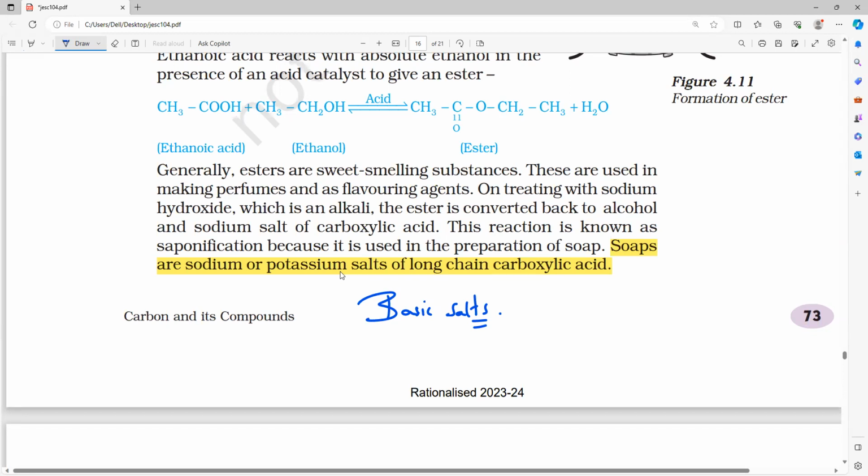Generally the dirt which is released by our body is acidic in nature. So the soap must be in what nature, everybody? Alkaline in nature. So what will happen?